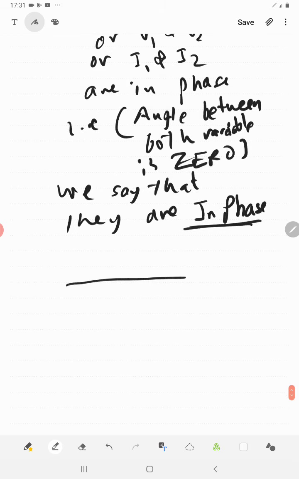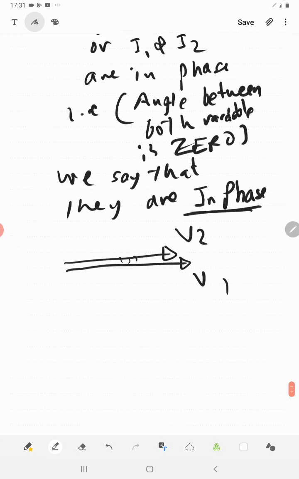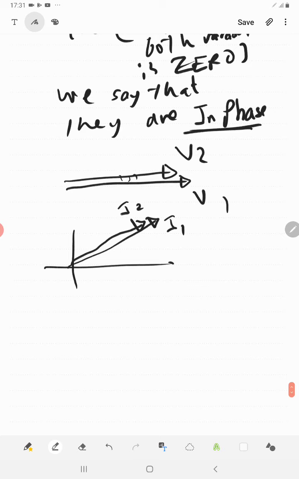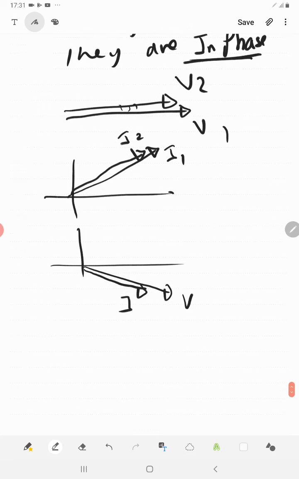It means that, for example, this is V1 and this is V2, and the angle between them is 0. Or this is I1 and this is I2, so the angle of I1 and the angle of I2 is the same. Or the angle of V and the angle of I are the same. So in this case, we say I and V are in phase.